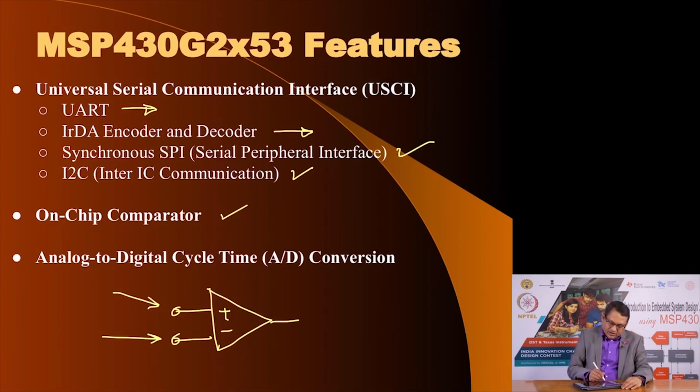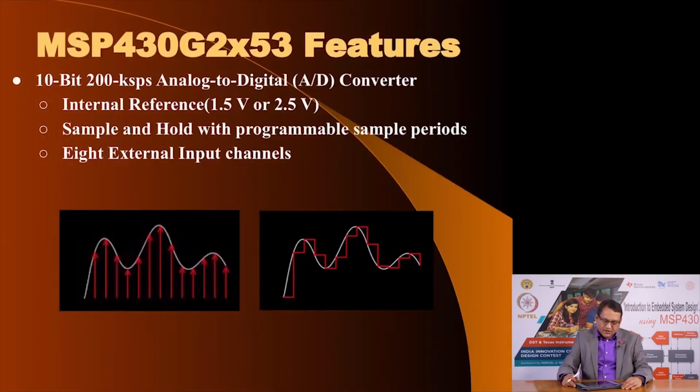It also has an ADC, and we will see more detail about this built-in ADC. The ADC is capable of 10 bits of resolution here and up to 200,000 samples per second. That is the maximum sampling rate that you can achieve out of this ADC.